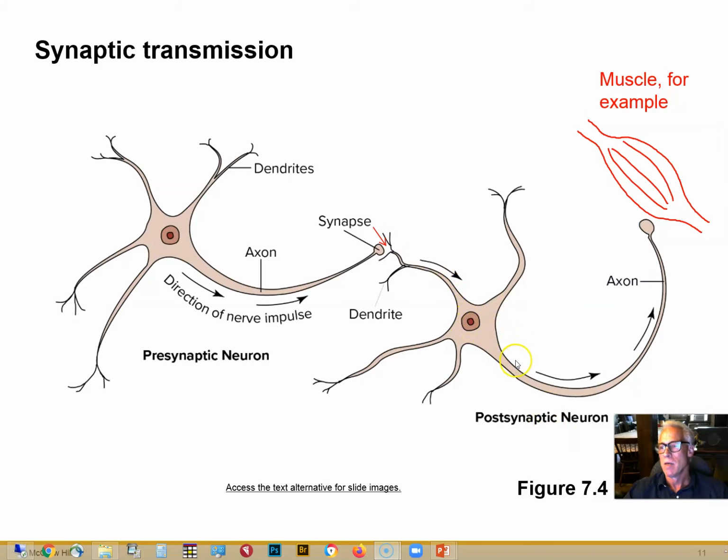And then that neuron may become excited and send a signal down its axon to the terminals. It's also possible a synapse could form between terminals and an effector organ, such as a muscle. So that's what's meant by synaptic transmission. A signal from one neuron will leap across to another neuron or to an effector organ by way of the release of chemical signals.